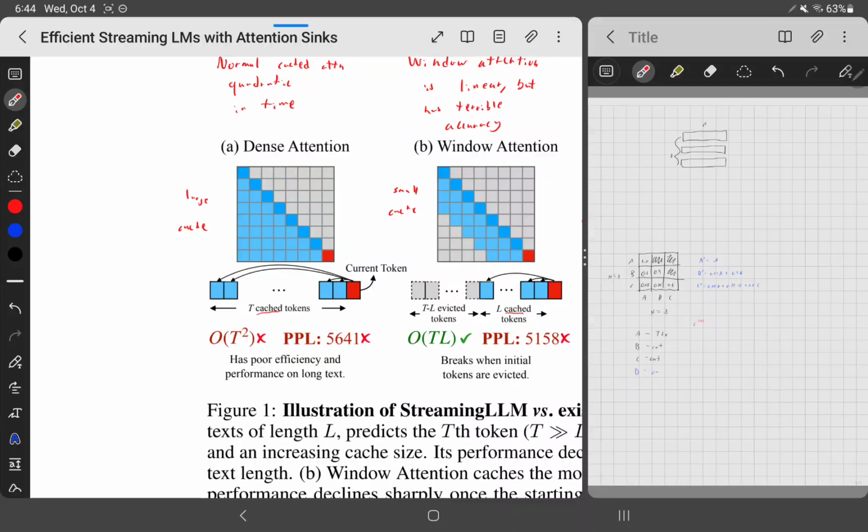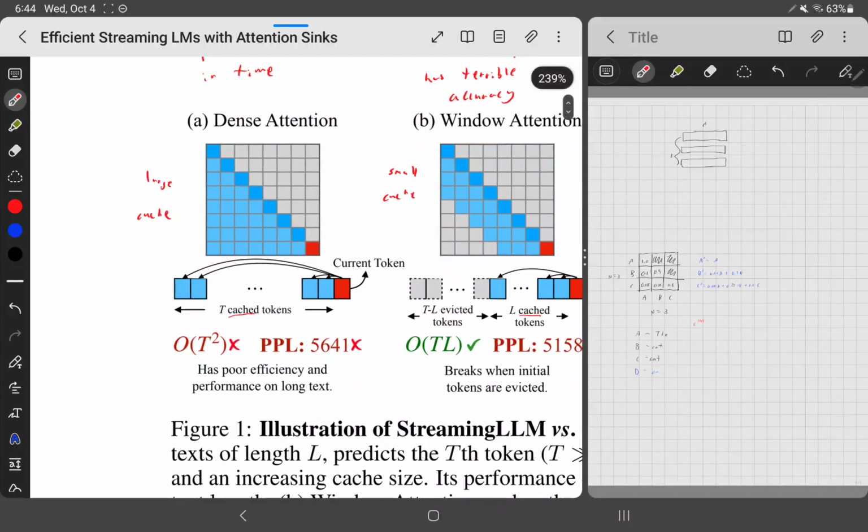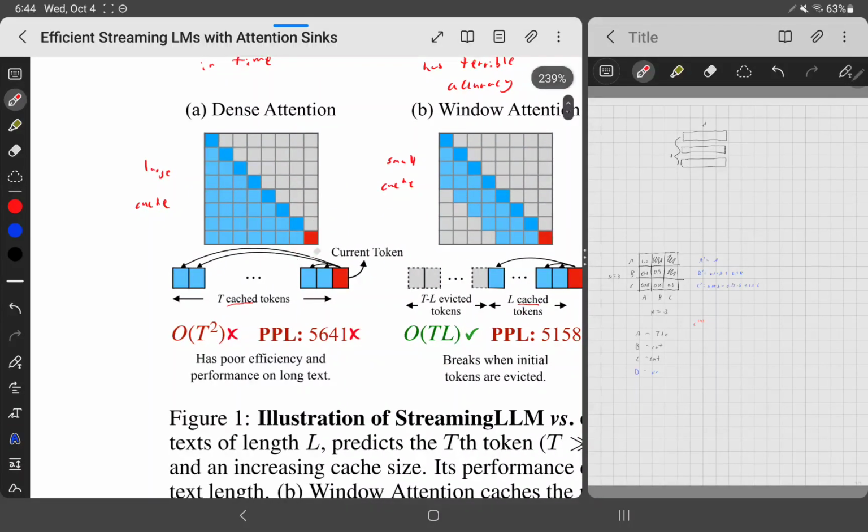This token is the word the, this token is the word cat, this token is the word sat, and so on. And this last token right here is the current token being attended to, the current last token, which is going to do the prediction. This token needs to receive information from all the other tokens, so it's a pretty important token.